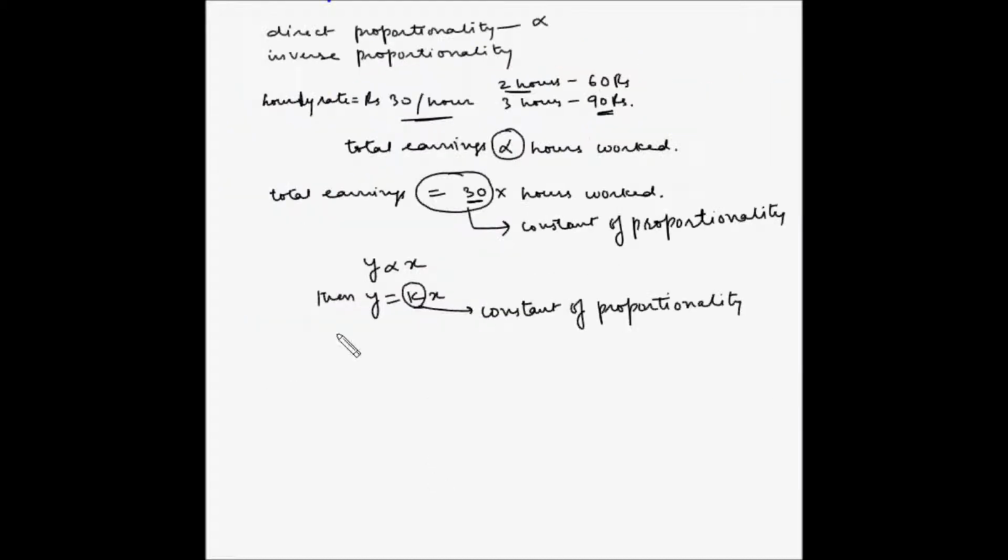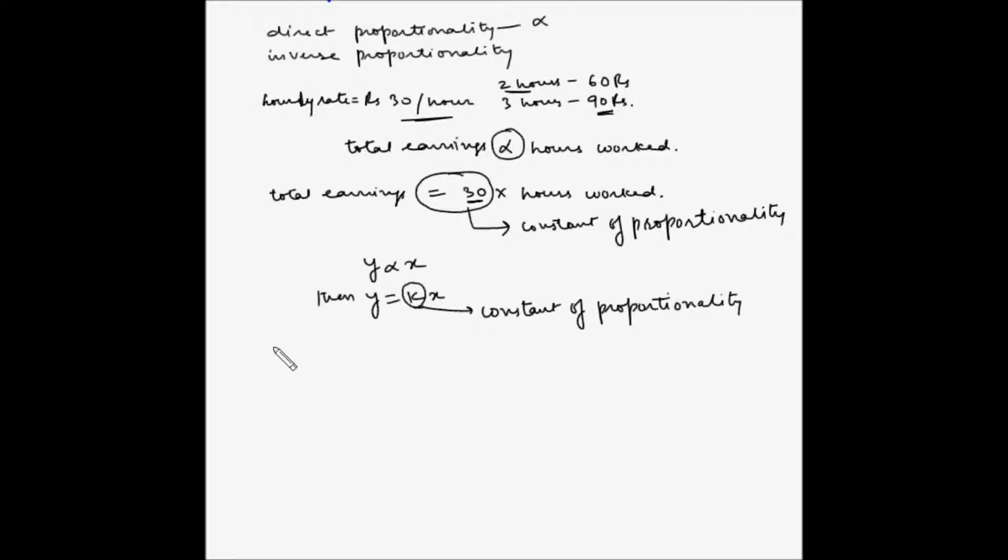Now let us take an example of inverse proportionality. So let's say you have to travel from one place to another place. Now the time taken to travel between these two locations is inversely proportional to the speed of the vehicle.